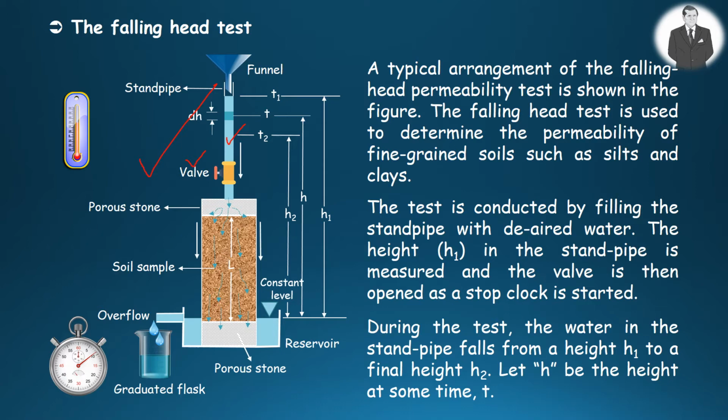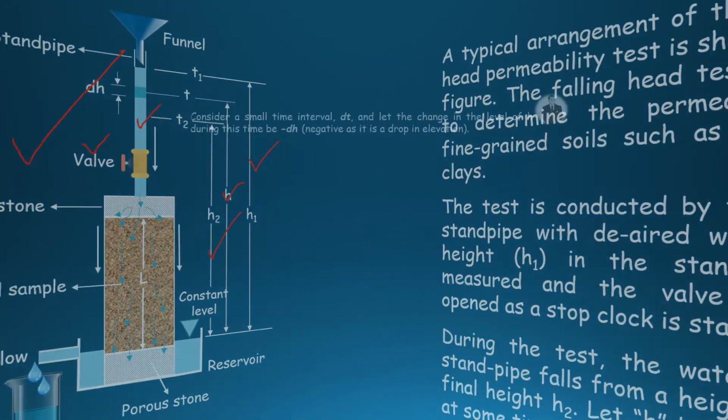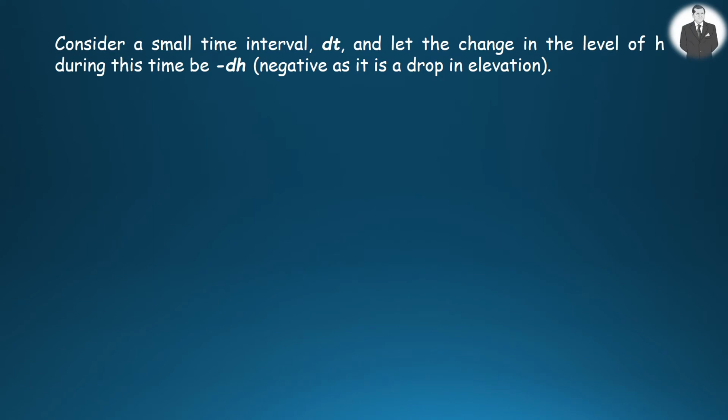During the test, the water in the standpipe drops from a height of H sub 1 to a final height of H sub 2. Let H be the height of water at some time t. Take a small time interval into consideration and let the change in the level of H during this time be dH.